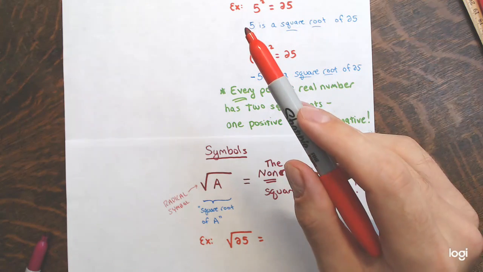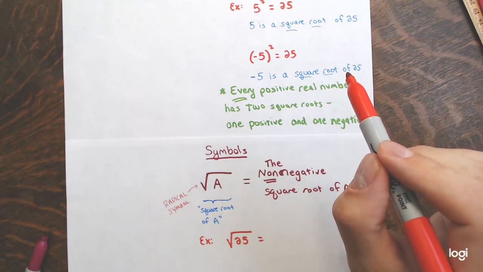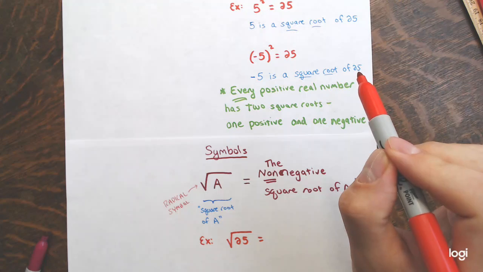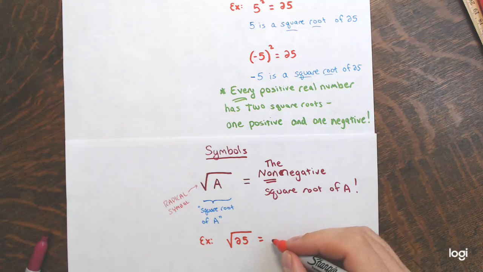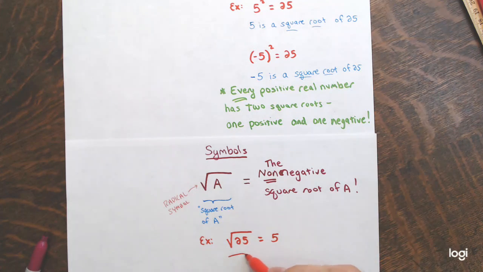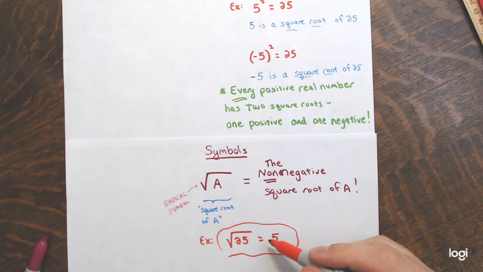We saw that 5 was a square root of 25. We saw that negative 5 was a square root of 25. This is asking me for, when I see this symbol, the positive one. So this is just 5, okay? That's it. Not negative 5, not plus or minus 5.